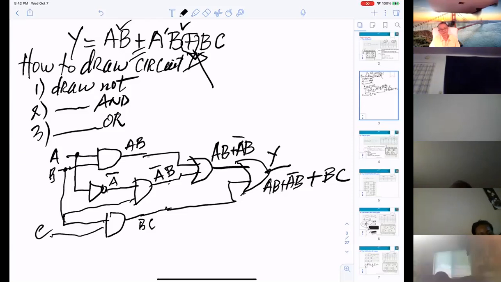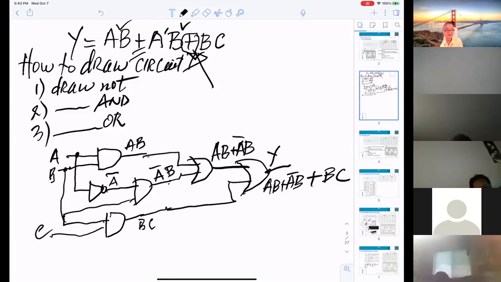Three? I'm asking about the gates. Six gates. Not talking about ICs now. 1, 2, 3, 4, 5, 6.